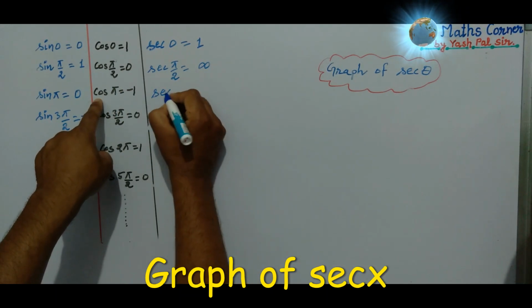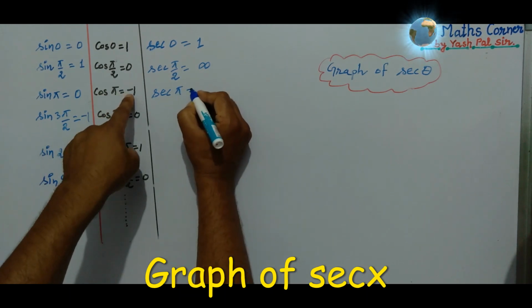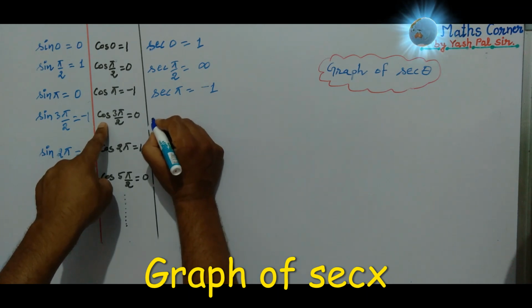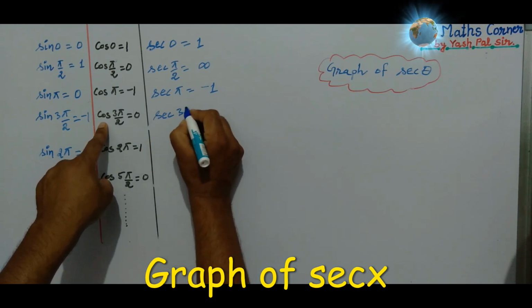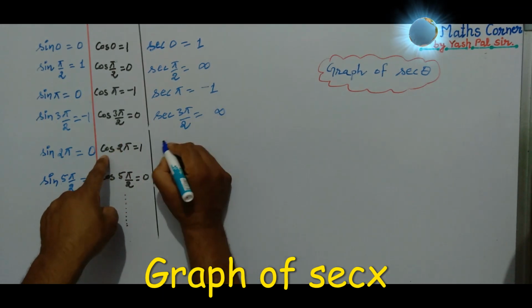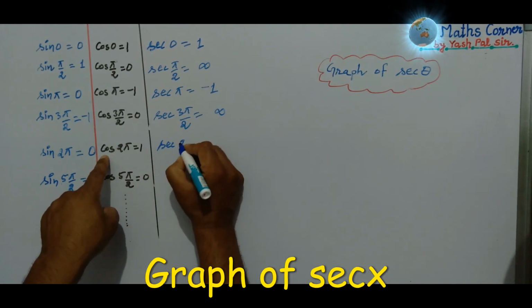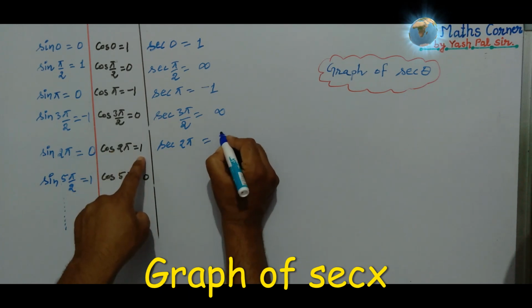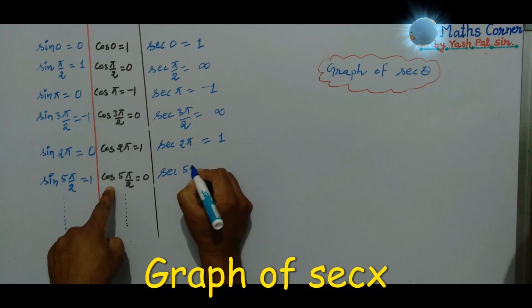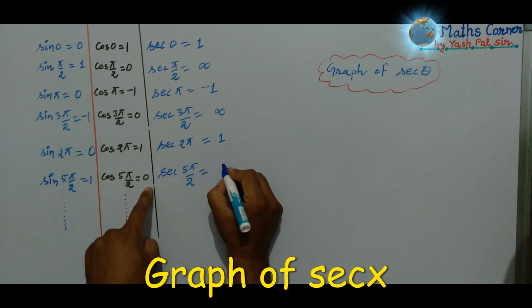Secant pi, that is 1 upon minus 1, answer is minus 1. Next is secant of 3 pi upon 2, 1 upon 0 is infinity. Secant 2 pi, 1 upon 1 is 1. Next is secant of 5 pi upon 2, 1 upon 0, that is infinity.